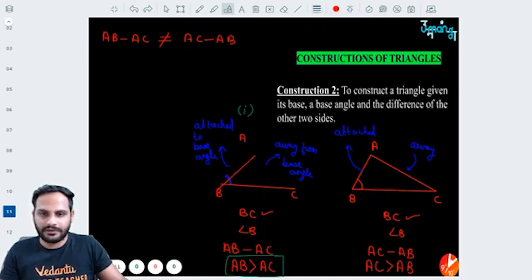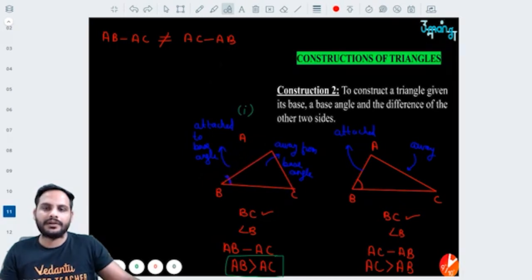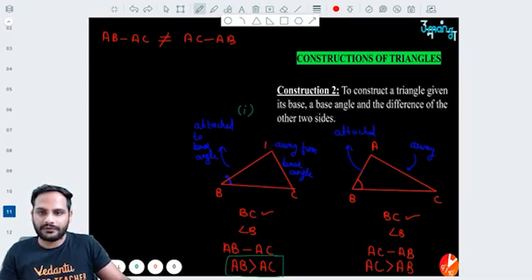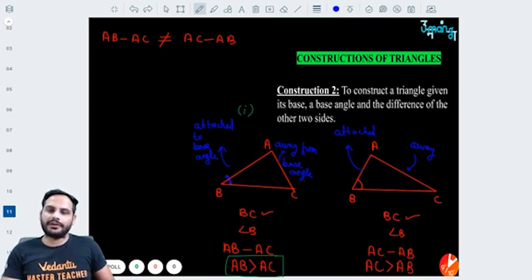So I'll just change the diagram a little bit. Let's say AB like this. So this point A is over here. Got it? This point A is over here.